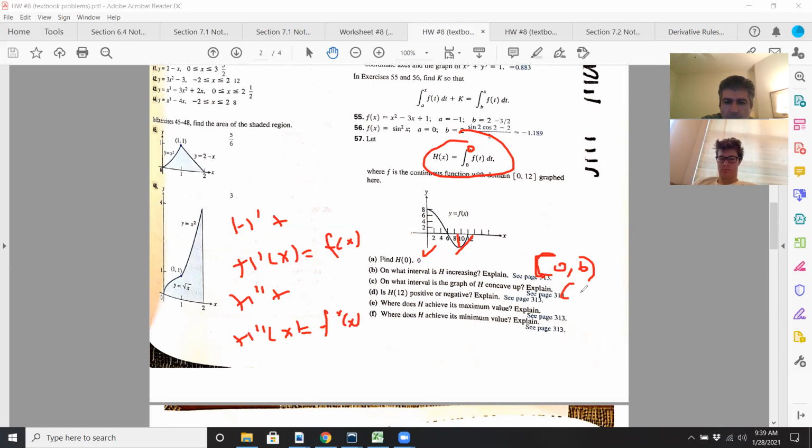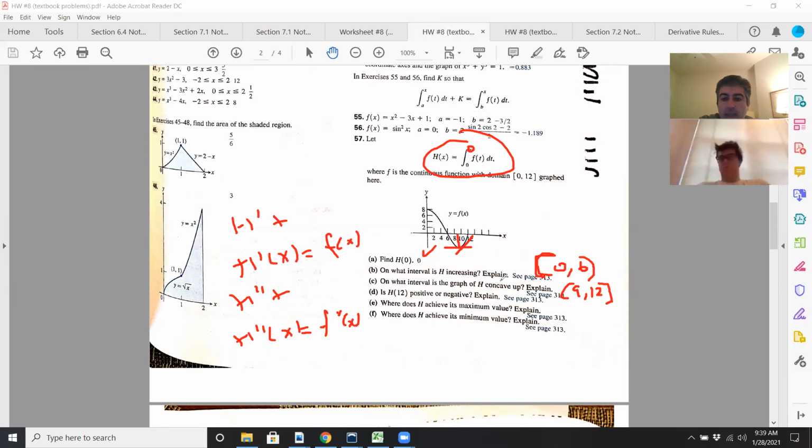Actually, you can close the 12, but you do the 9 as a parenthesis, because if there's a horizontal tangent there, by the way, your second derivative for h, or your first derivative of f, is not positive. It's 0, but it's positive after that.